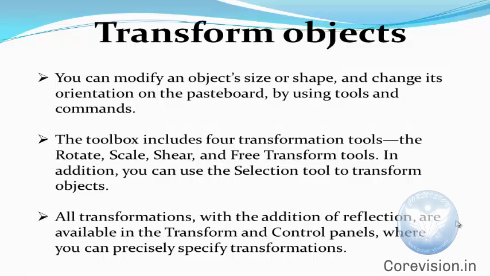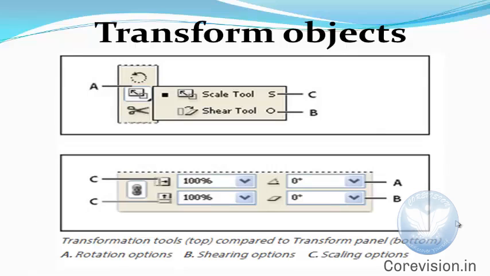All transformations, with the addition of reflection, are available in the transform and control panels, where you can precisely specify transformations. Here in the first figure, we show the scale tool and shear tool. A is the rotate option, B is the shear option, and C is the scale option.